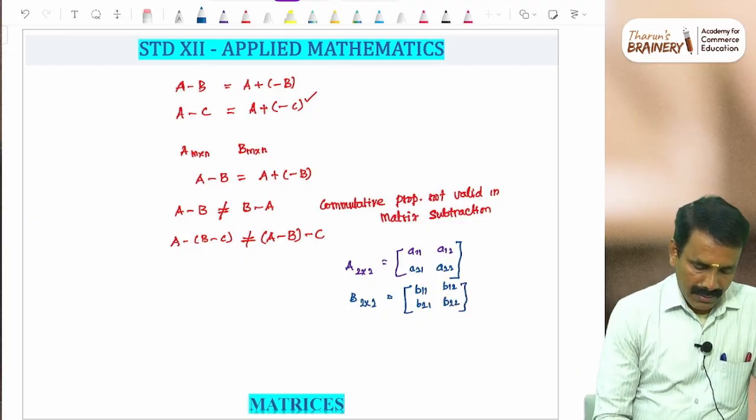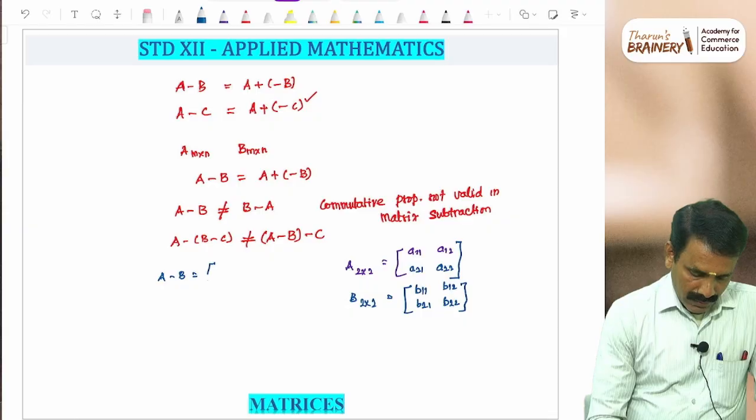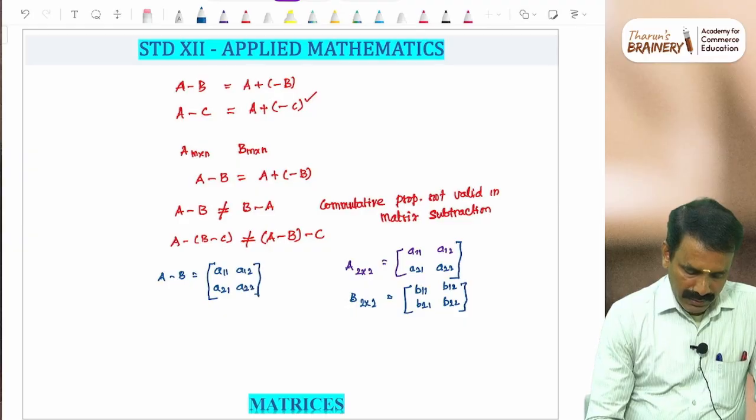Then can I subtract A minus B? A minus B will be equal to the matrix A11, A12, A21, A22, minus the matrix B11, B12, B21, B22.